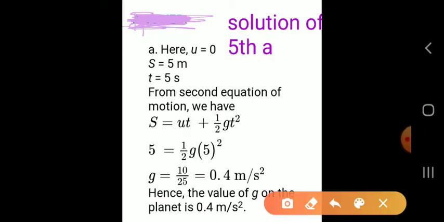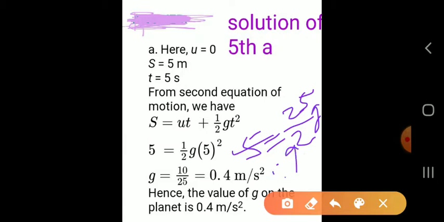Here we will see children that 5 5s are 25, so it will become 5 is equal to 25 upon 2g. Therefore g will be equal to 25 upon 10. If we divide, we will get 2.5 meter per second square.